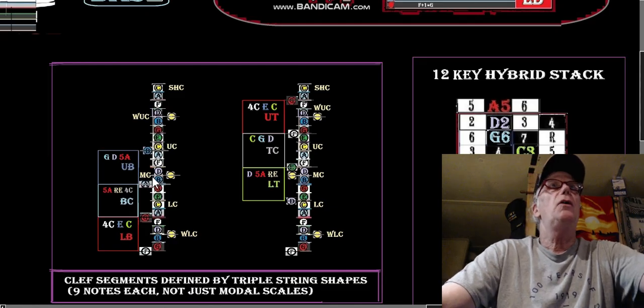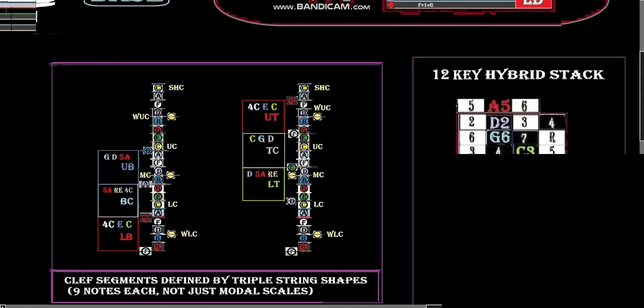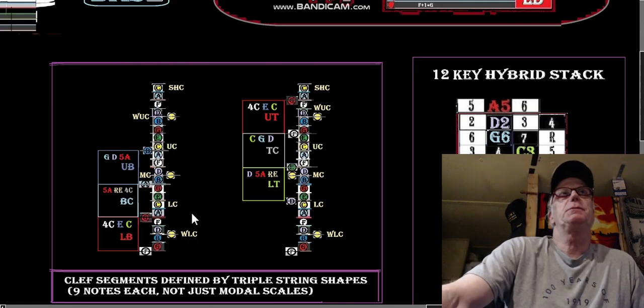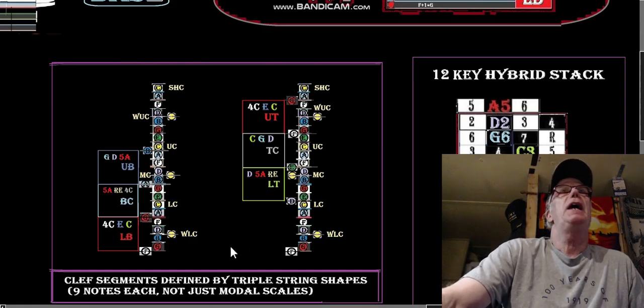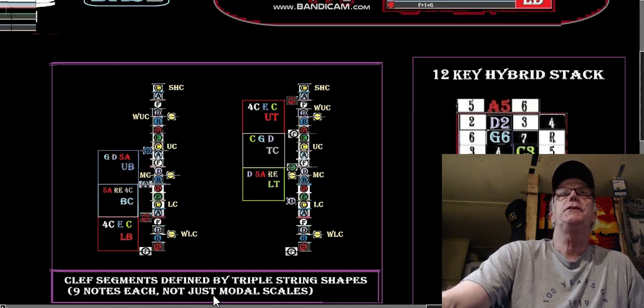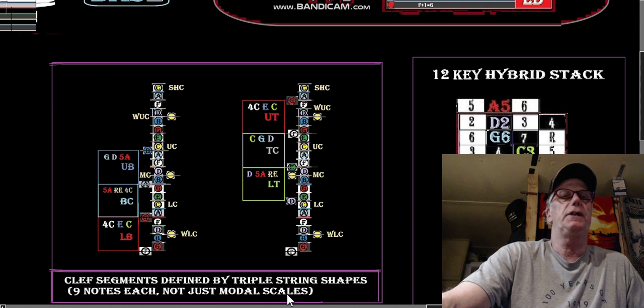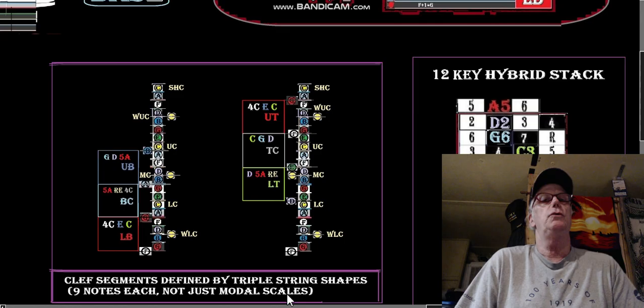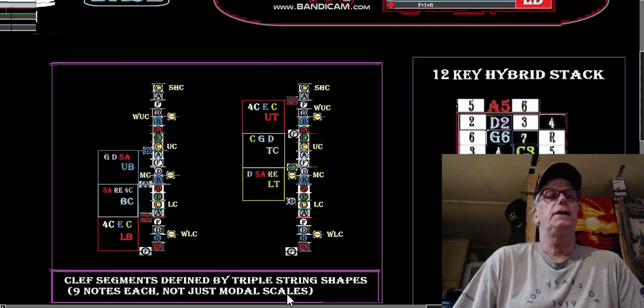But now in this diagram, I've managed to split up the stack, but now we're not defining it in modal scales. These are clef segments defined by triple string shapes, 9 notes each, not just defined by modal scales. Triple string shapes have one more note than modal scales.